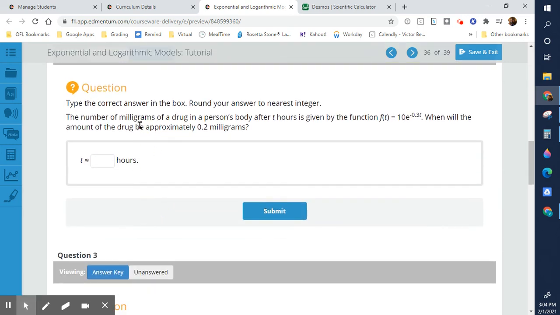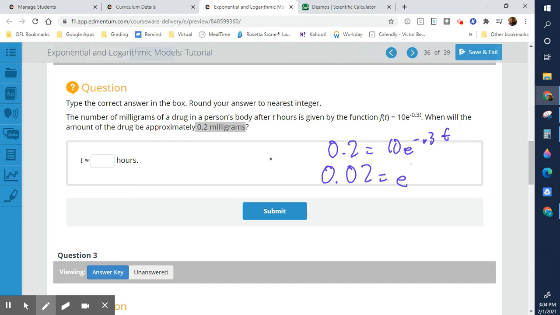All right, so moving on to here. Now we have this function, and it's telling us we have 0.2 milligrams. So first thing we're going to do is put 0.2 equals 10e to the negative 0.3t. We're going to divide by 10. Dividing by 10 just means moving the decimal place to the left one spot. So I'm going to do that right there.